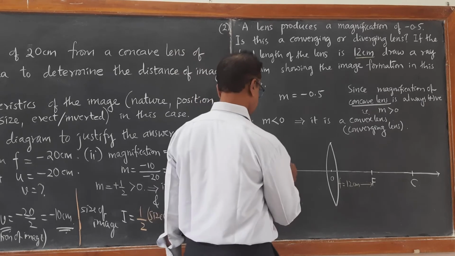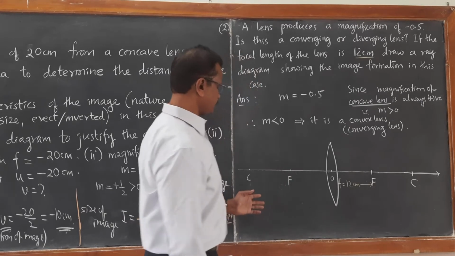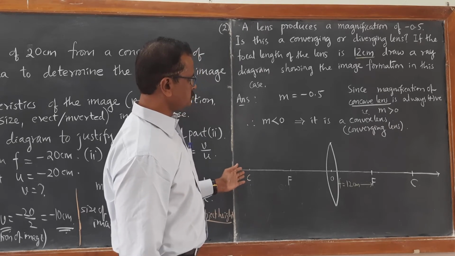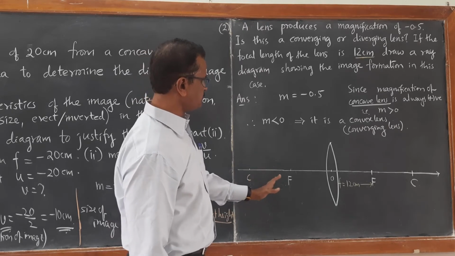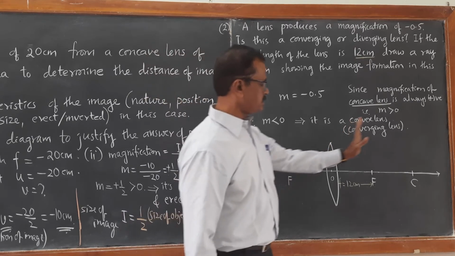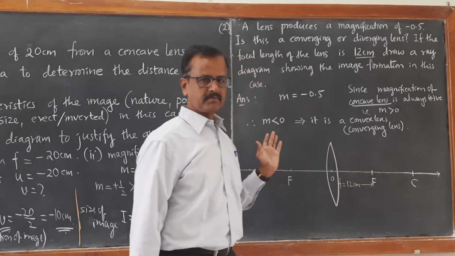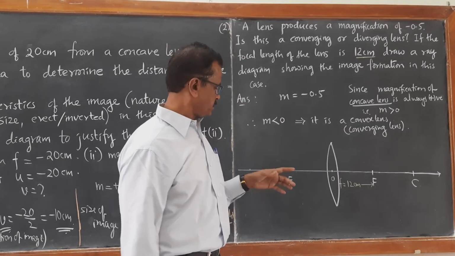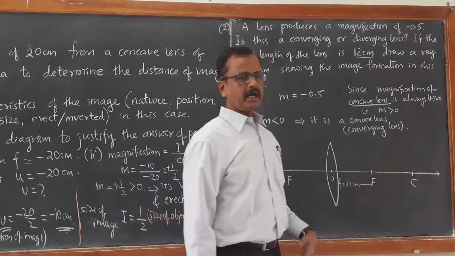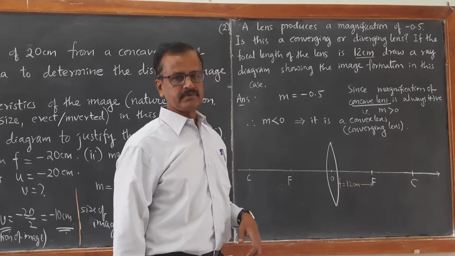Therefore, if we keep the object between C and F, then we'll get the image beyond C, from the study of ray diagrams, and we get the enlarged image.